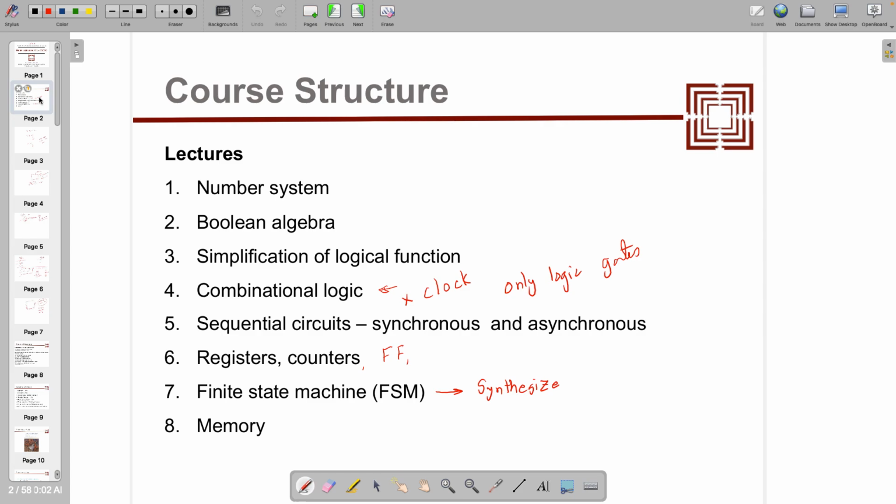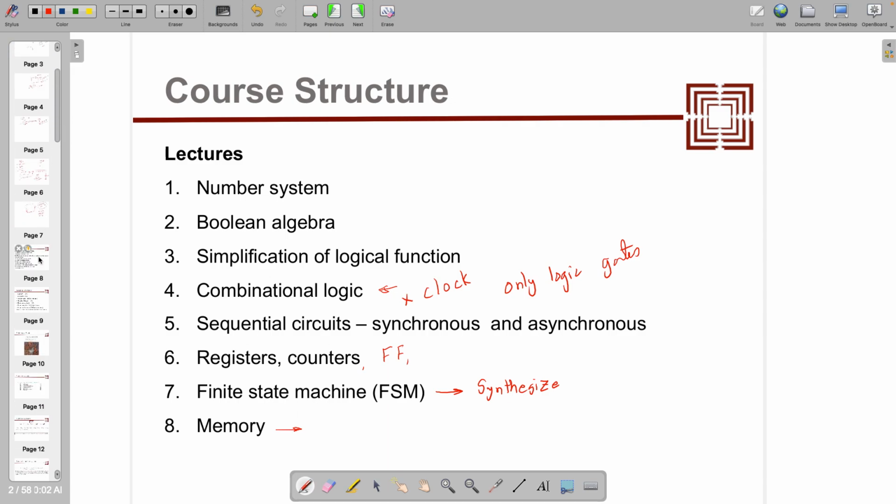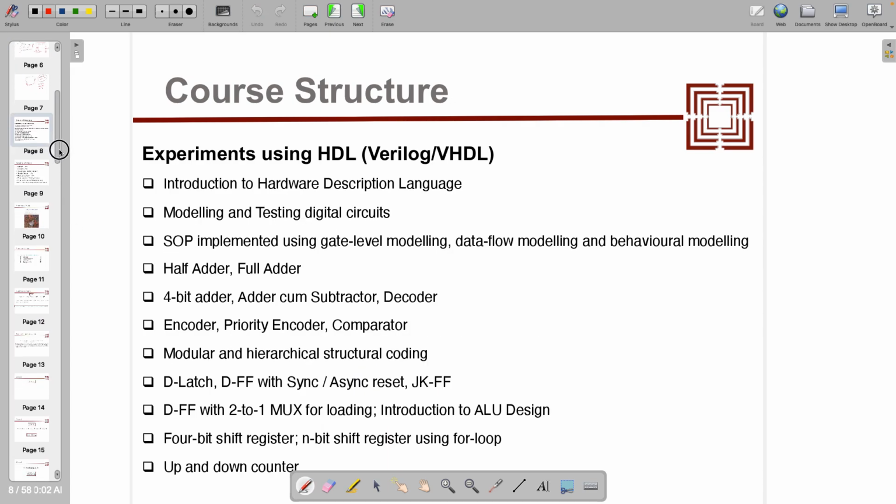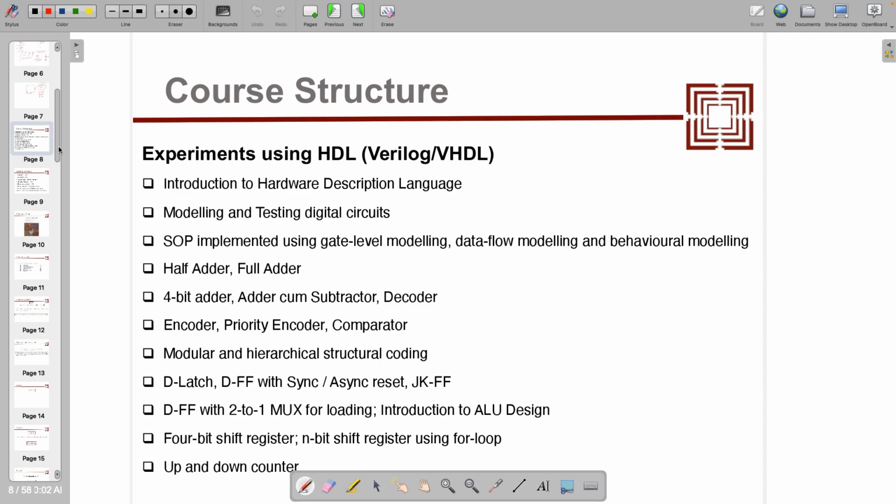You can expect these things, and we are going to study some sort of memory also. That's the whole course structure. We are going to study this in the given time of one semester. In addition, we are going to have laboratory sessions also. Various experiments are there, which we are going to do with hardware description language, commonly called HDL.